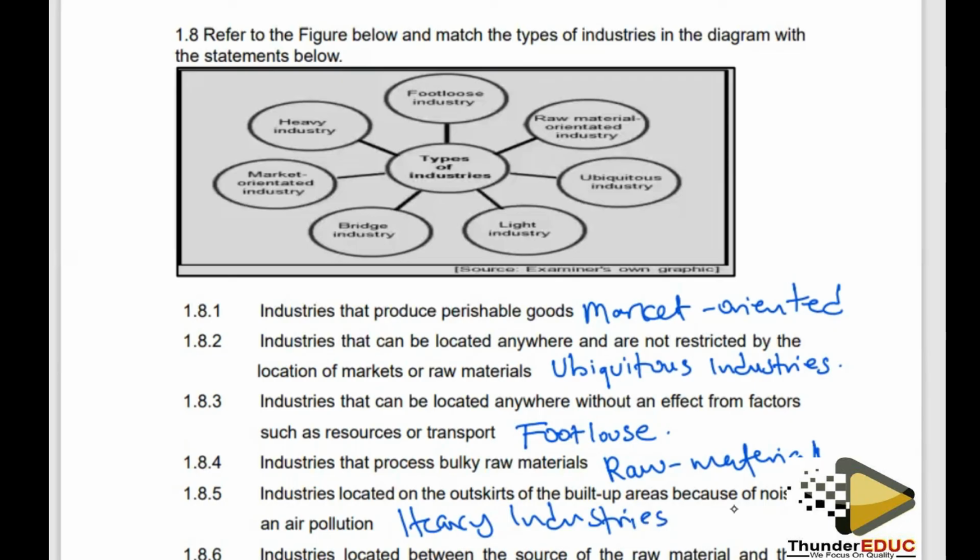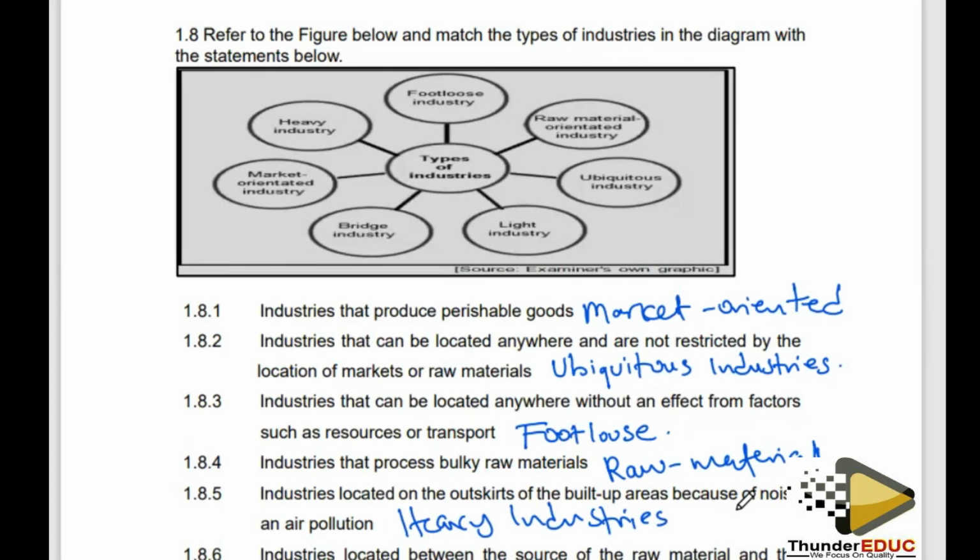Because we know these heavy industries are found far away from the CBD or from the built-up areas because of too much noise that they produce, too much air pollution, bad smells, and they require a large piece of land. So that is why they will be located in the outskirts of the built-up areas.